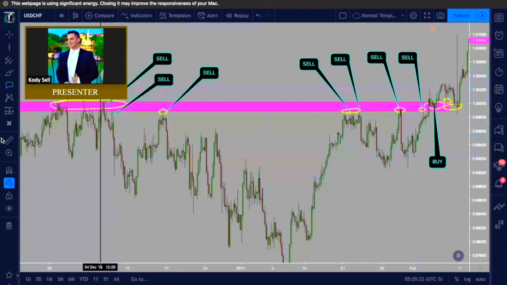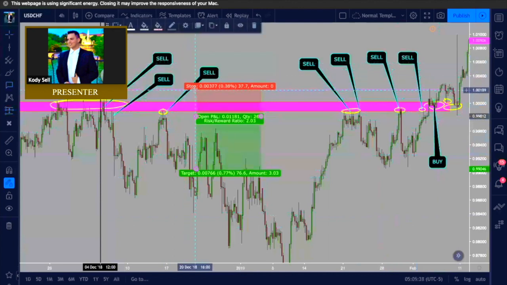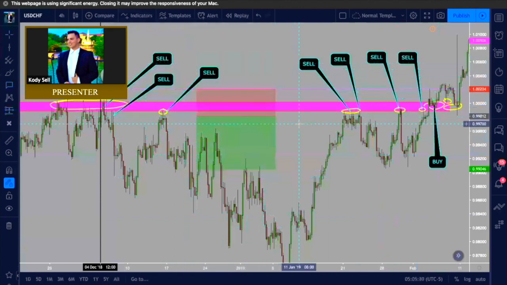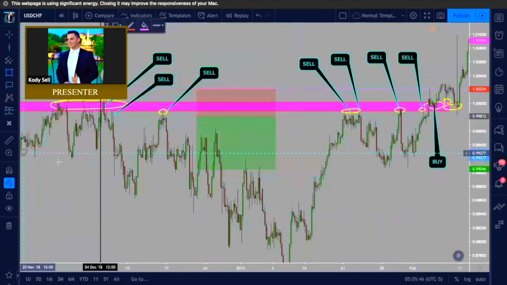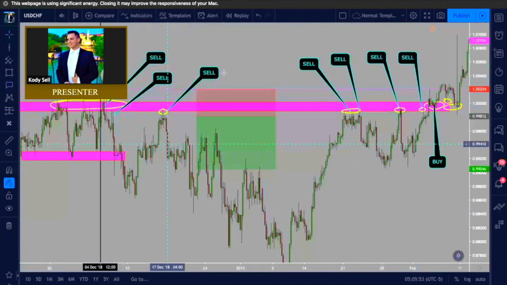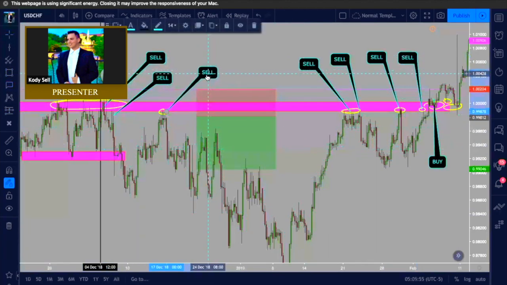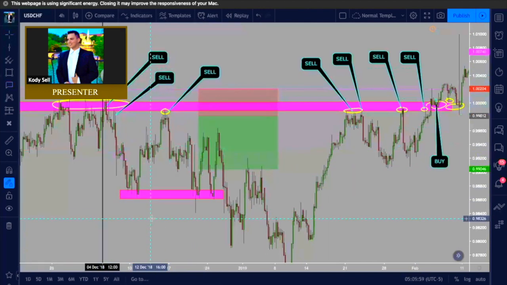And each one of these sell trades, no matter where you were shorting from, your stop loss was above the level with some breathing room, and your target was whatever the next support was. Over here, you had a support right in this area. So on these sell trades, this one and this one, you're probably aiming for this level right off the bat. For this sell trade, you're probably aiming for this support down here.